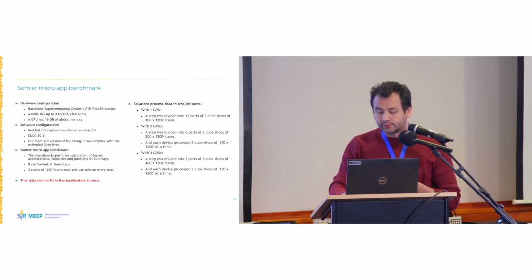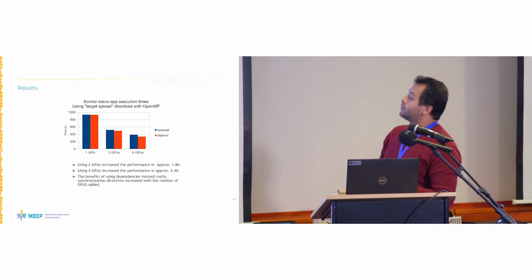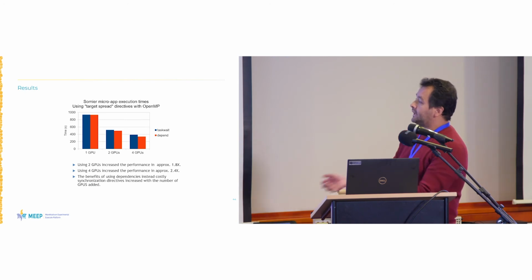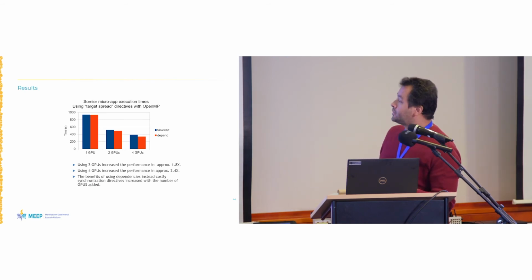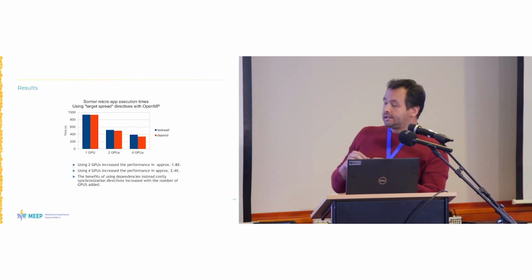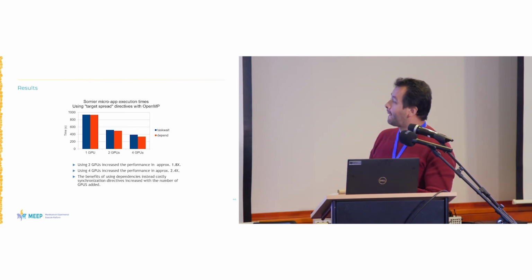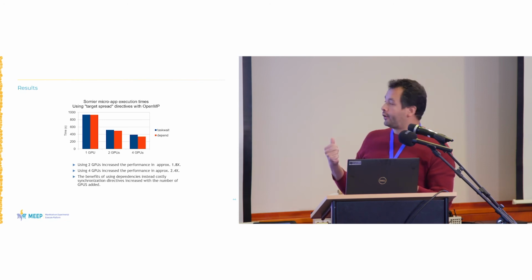What were the results that we obtained? So we saw that when we use 2 GPUs, we increase the performance approximately 1.8 times. When we added 2 GPUs more, meaning 4, we are getting 2.4x speed up.